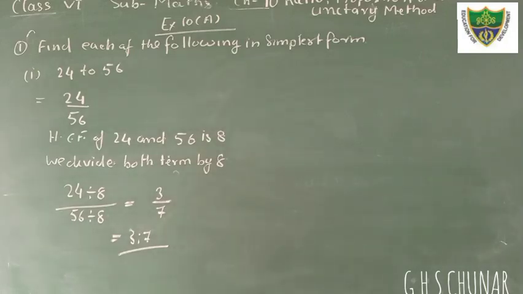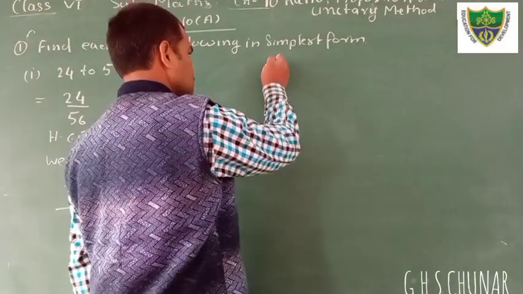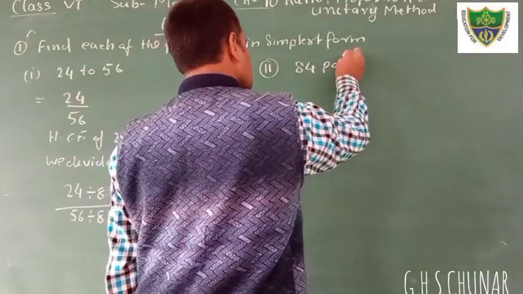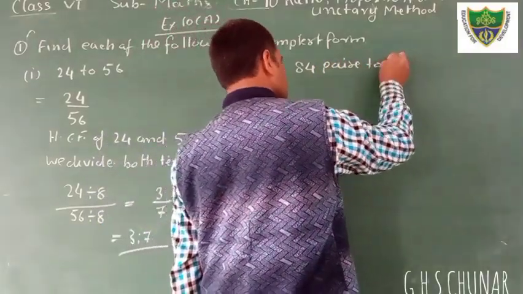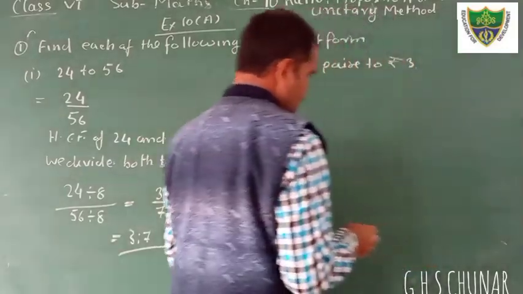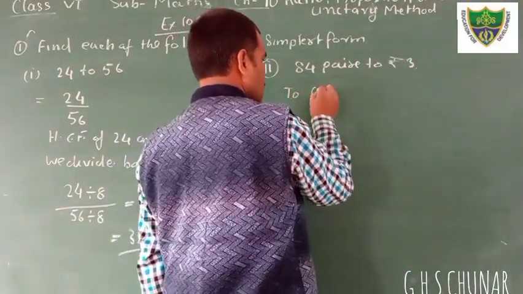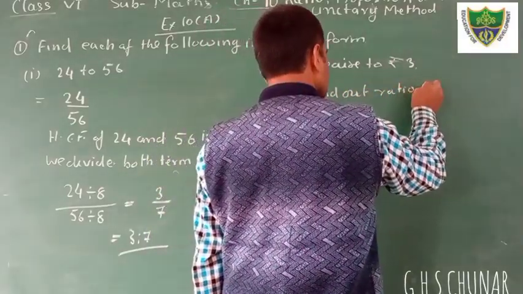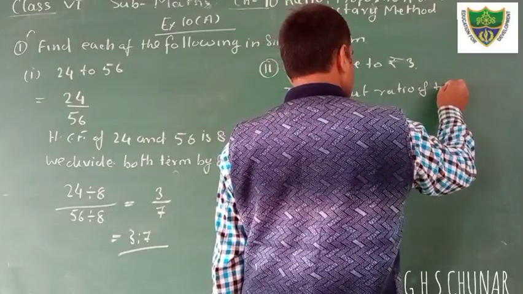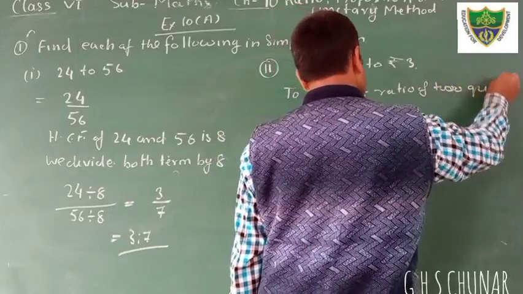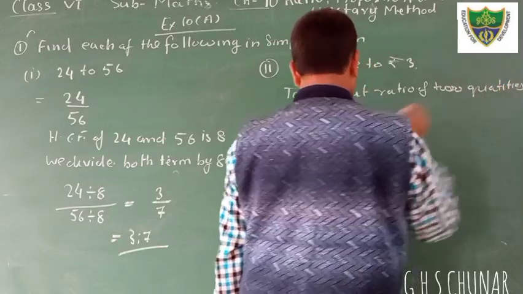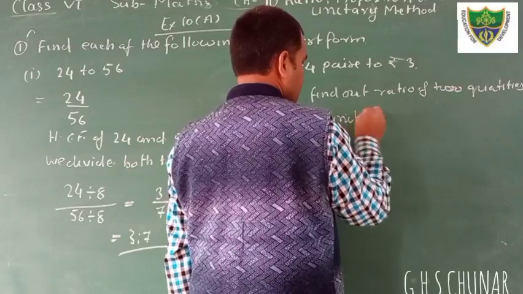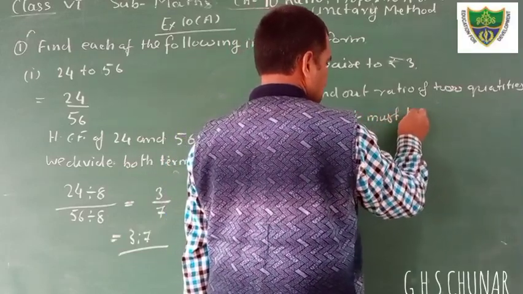Second, 84 paise to 3 rupees. To find the ratio of two quantities, their unit must be the same.